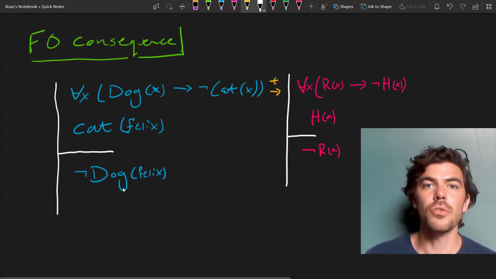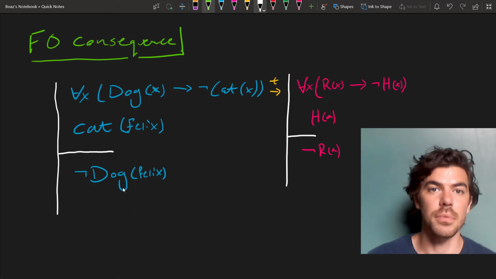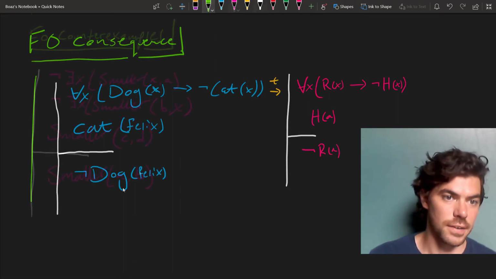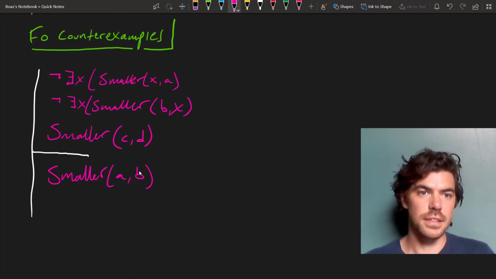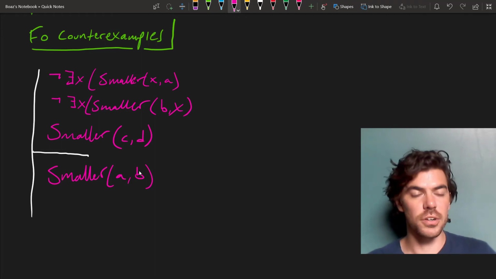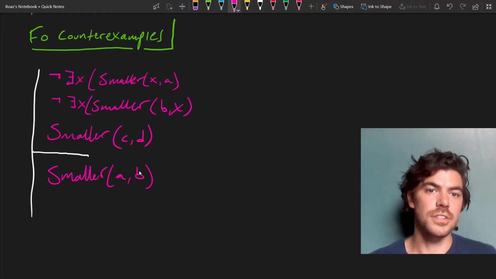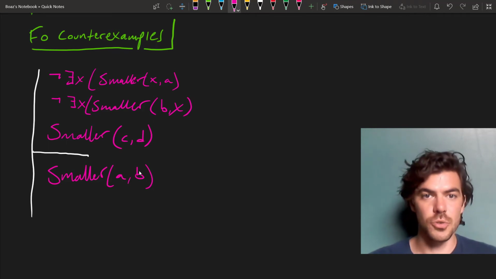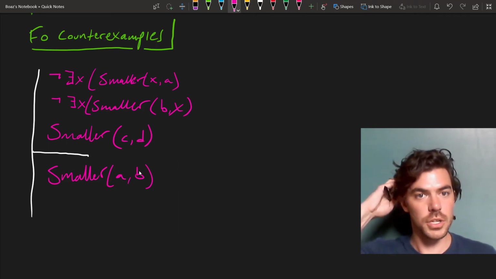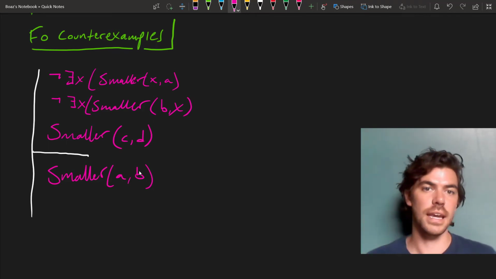And we can prove that FO consequence doesn't hold by constructing a first order counterexample, which is what we're going to look at down here. So consider what the following premises say. The first tells us that there isn't anything smaller than A, and the second tells us that B isn't smaller than anything else. Now, this could be true in a setup in which the only two objects are A and B and they're the same size.